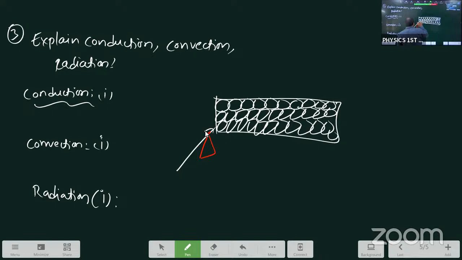Slowly it transfers. Heat always flows from hot body to cold body. So this molecule absorbs heat, gives to this one, this one gives to the next one, and so on. Slowly, the total heat transfers from left side to right side.